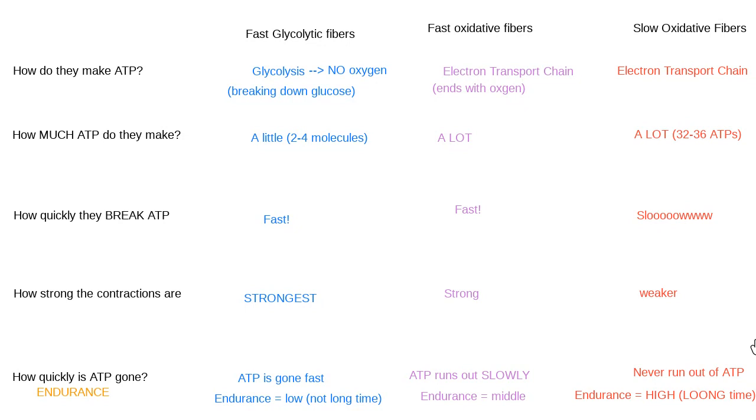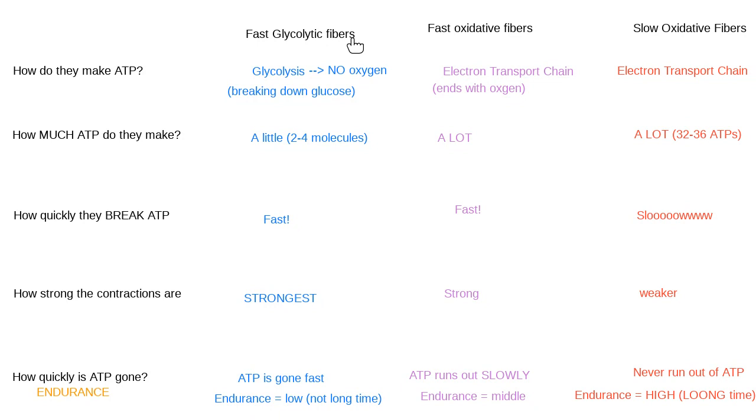So let me look at my chat here. Nicole asked which ones would last for a sprint versus a high jump. A sprint depends on how long the sprint is. If you're sprinting more than just a couple of seconds, you're probably going to see some fast oxidative fibers helping you out.